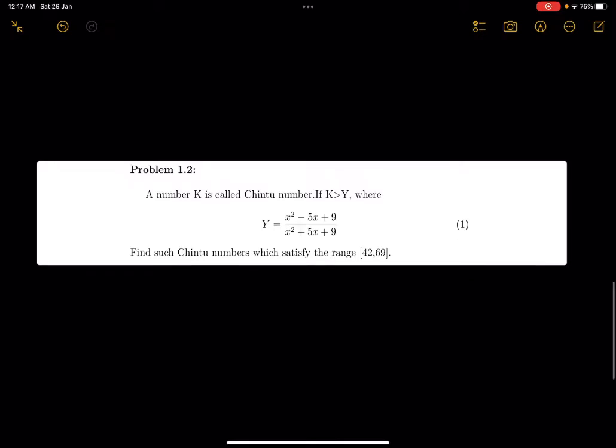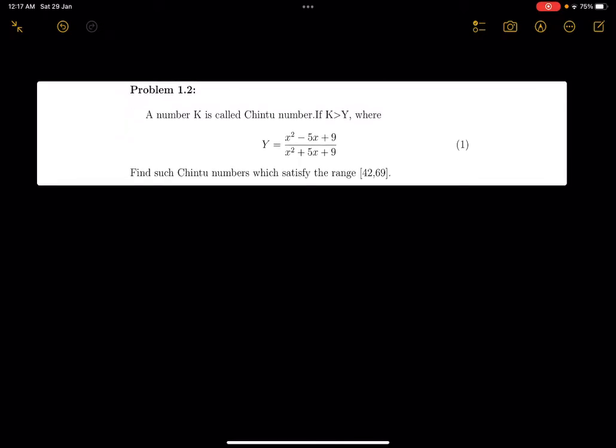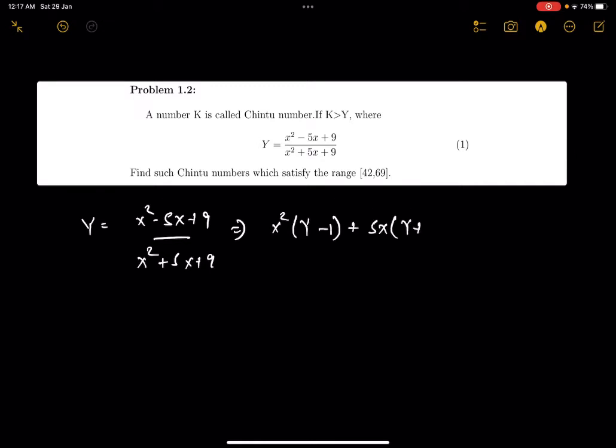So let's solve it down. Clearly it's a simple question on quadratic. Here y will be x square minus 5x plus 9 upon x square plus 5x plus 9, and that will be x square times y minus 1 plus 5x times y plus 1 plus 9 times y minus 1, and that will be 0.